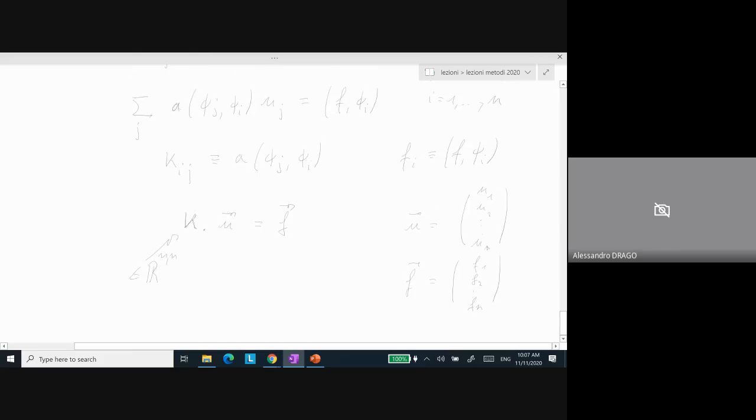This matrix K is the matrix of the scalar products of the elements of the basis. U is the solution, and F is this other sort of scalar product of f with each of the elements of the basis. Okay. So how does this technique compare with the technique of Fourier that we have discussed before?